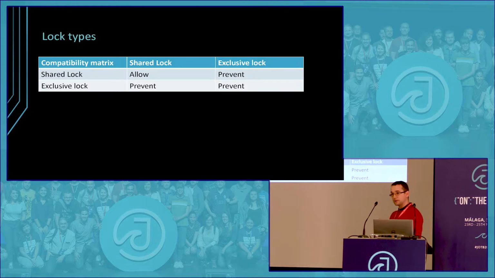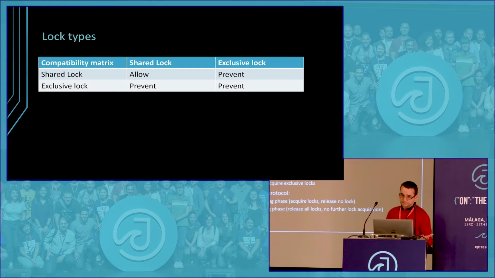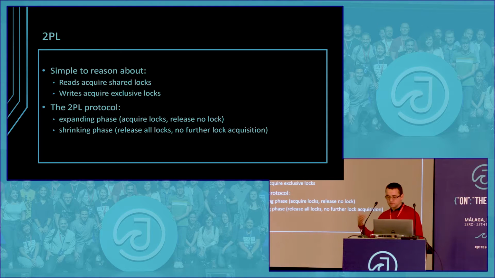If you write something, somebody else cannot write or read that until you commit. If you read something, others cannot write it, but they can still read it. So it's very simple to implement, and the only other requirement other than blocking between read and write is that you have to release the locks only after you commit or you roll back.